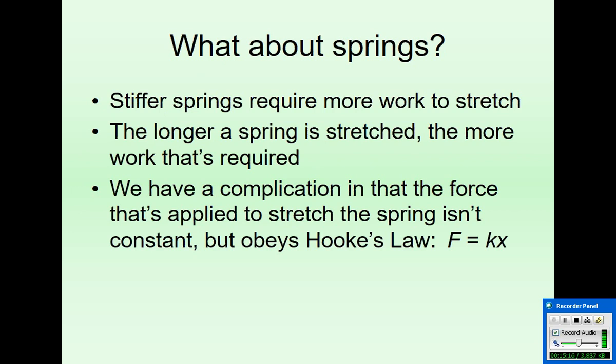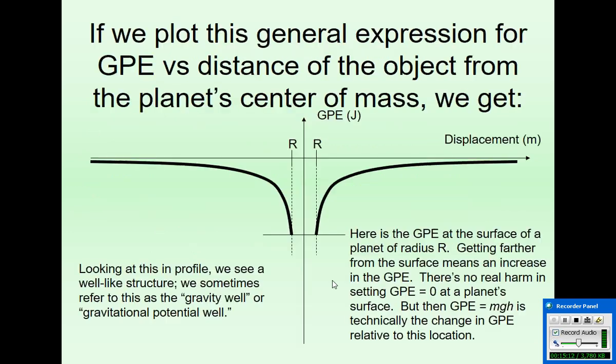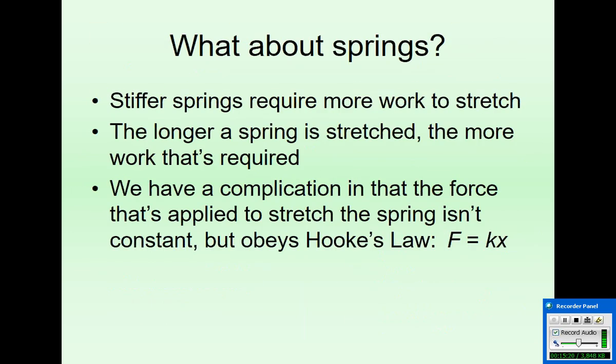So we have an expression for gravitational potential energy. I mentioned springs as another situation for which we can do something similar. We've discussed springs briefly before. Springs obey what is known as Hooke's law, F equals kx.